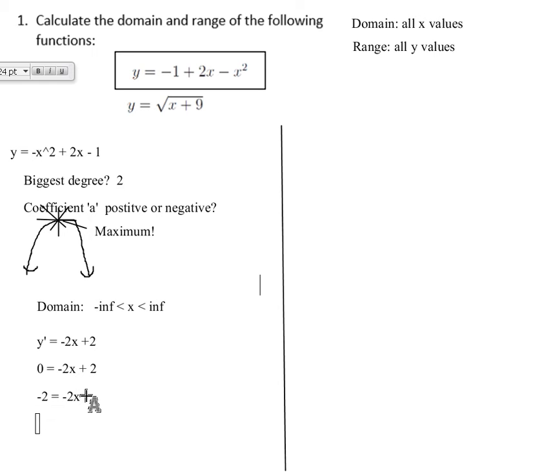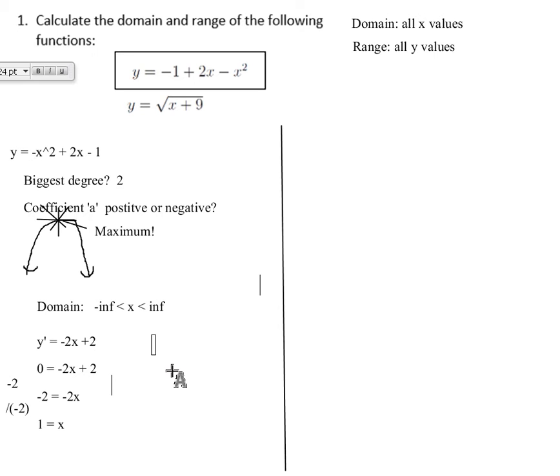And then we would divide both sides by negative 2, sorry. So here we are subtracting 2, and here we are dividing by negative 2. See those two steps? Okay.